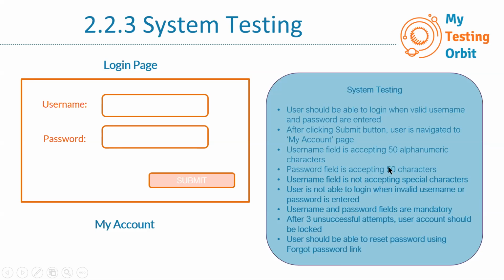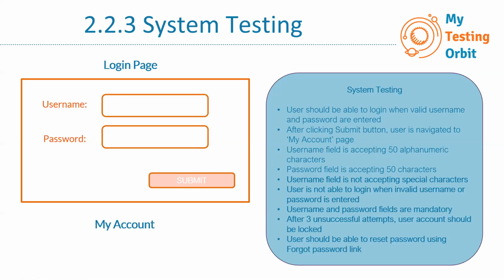As we have this agreement that there should be 50 alphanumeric characters, a tester will always put some special characters to see how the functionality behaves. Yes, it shouldn't be allowed.